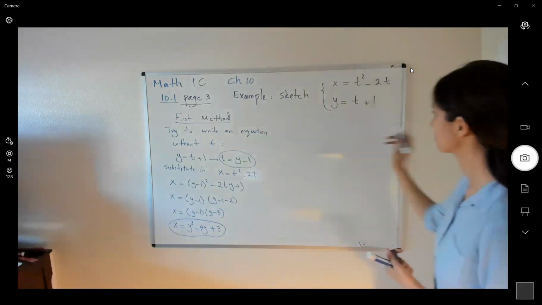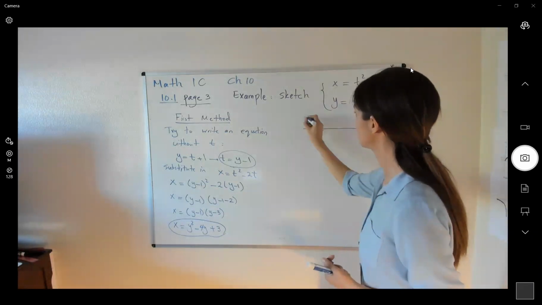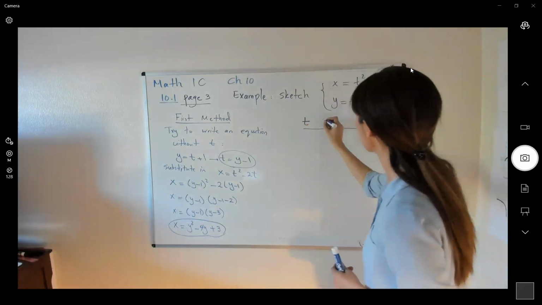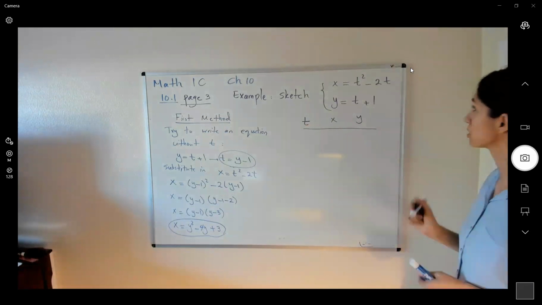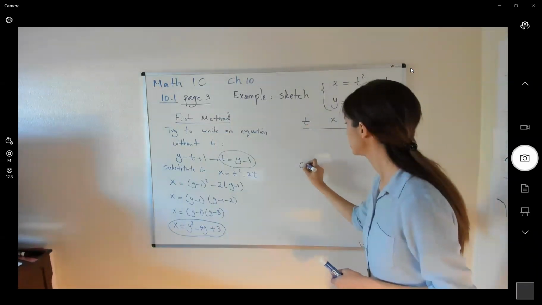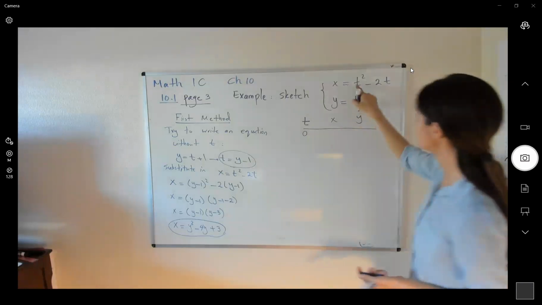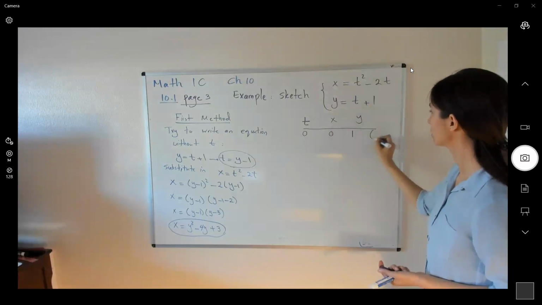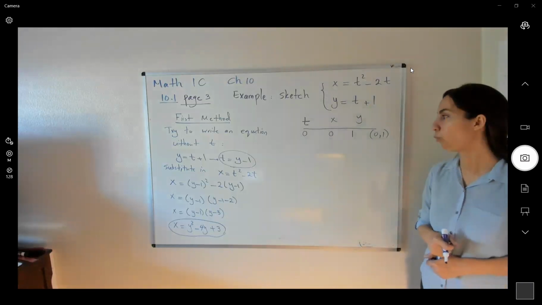Well, to do that, I have to form a table, with different values for t, x, and y. Let us start. Suppose t is equal to 0. Then your x is 0, your y is equal to 1.